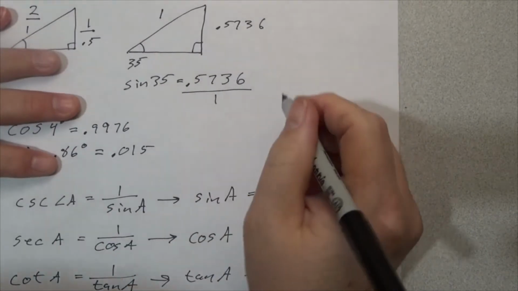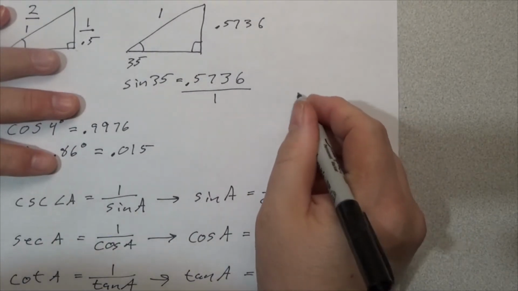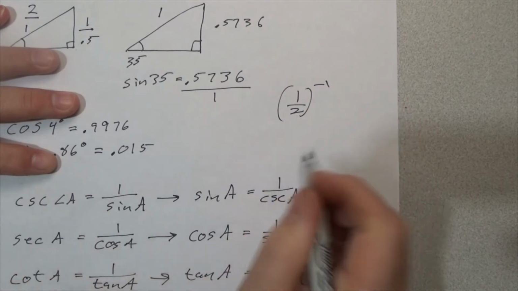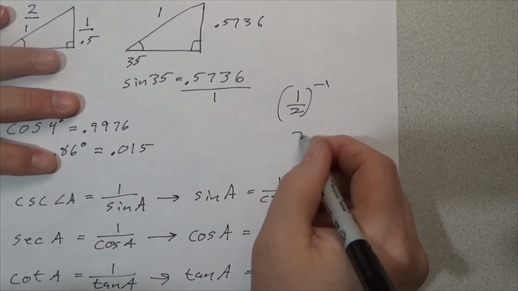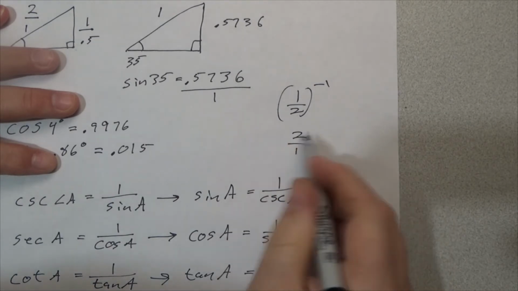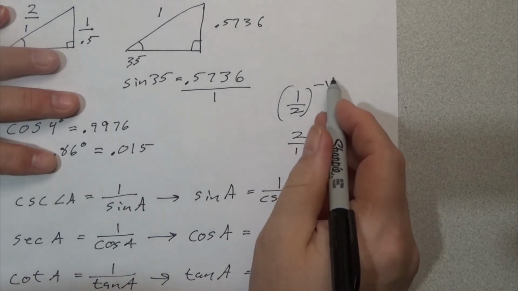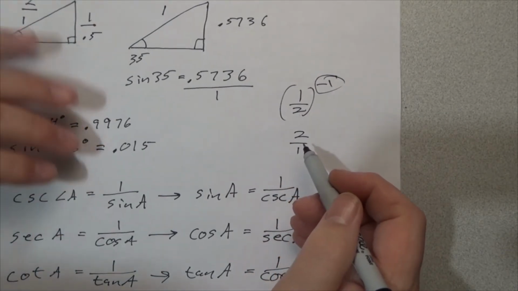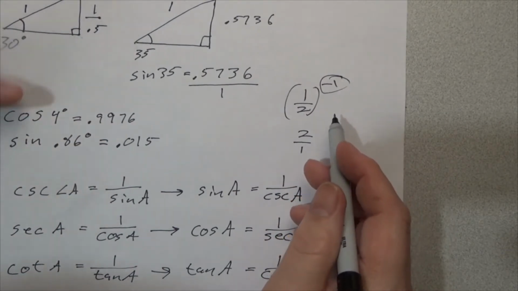Most of the time when you're looking at something, and let's say you have like 1 over 2, and then that's raised to the negative power, that means that's the inverse of it, which means it's 2 over 1, all right? In this case, that little symbol that you see above the sine, the cosine, and the tangent does not mean the inverse.